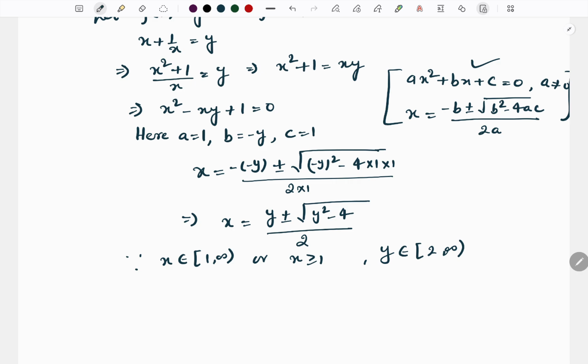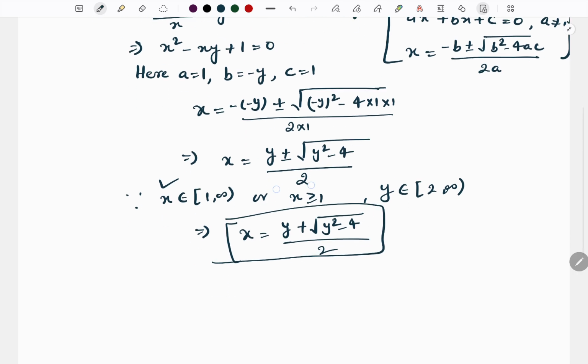So it means we choose only the positive sign. Since x is greater than or equal to 1, we can choose x = (y + √(y² - 4))/2. Okay, so this is your inverse function.